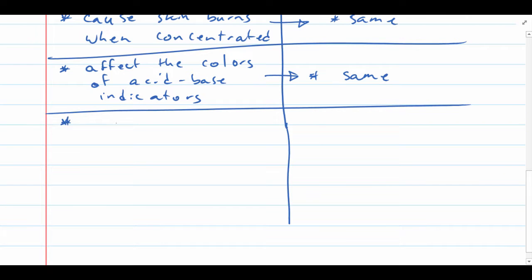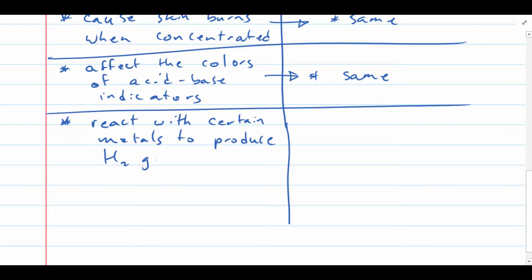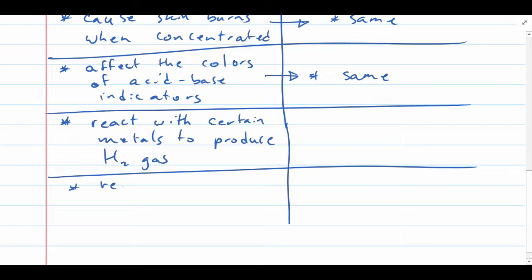Something else that you observed in lab for acids is that they react with certain metals to produce hydrogen gas. And we also saw that they react with carbonates and bicarbonates.